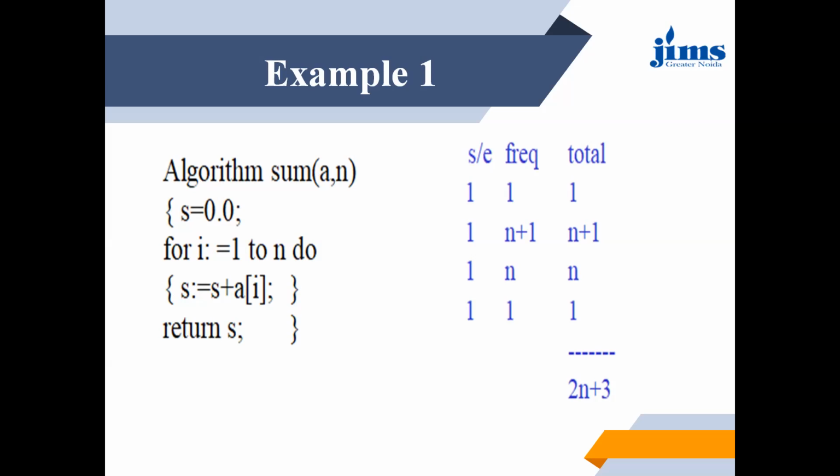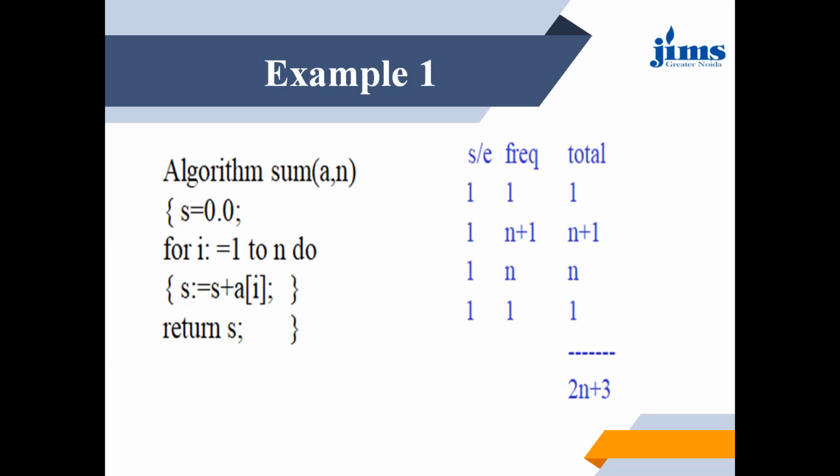For example, if the for loop is i equals 1 to 2, the for statement is what we are talking about, not the statements inside the loop. When i equals 1, it will be executed. When i equals 2, it will be executed. And when i becomes 3, this statement will check the condition and find it false, so the control will not go inside the loop, correct?